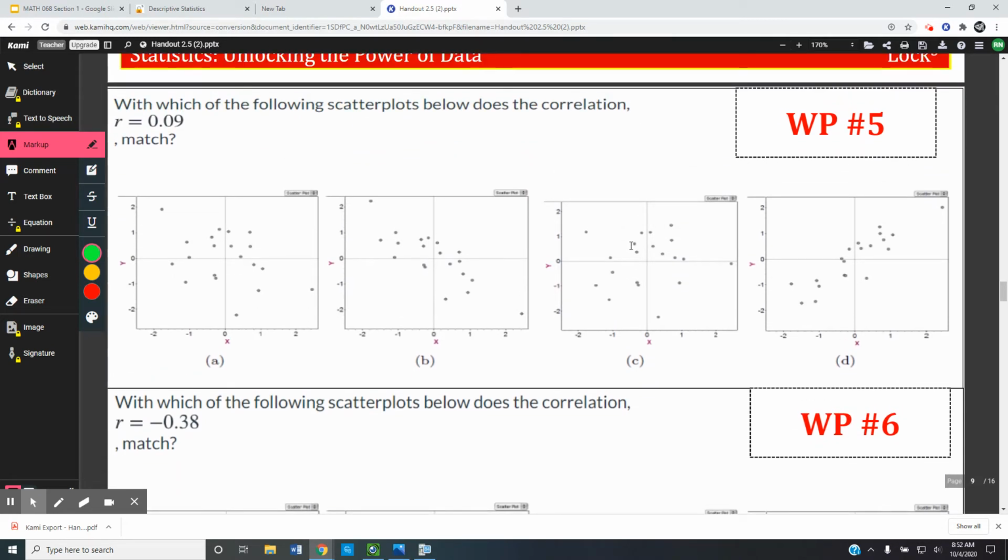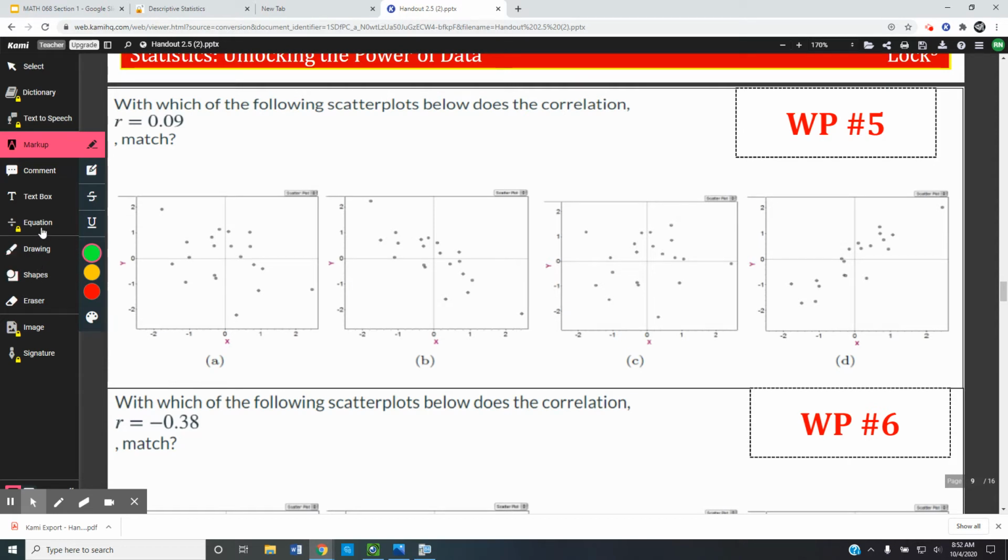Which of the following scatter plots below does the correlation of R = 0.09 match? Okay, students have an incredibly hard time with these, and I'm going to try and do the best I can with you. So first of all, the R value here is positive.